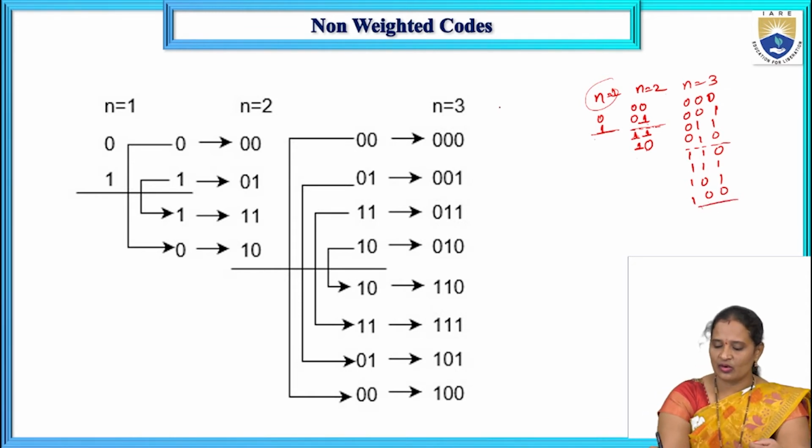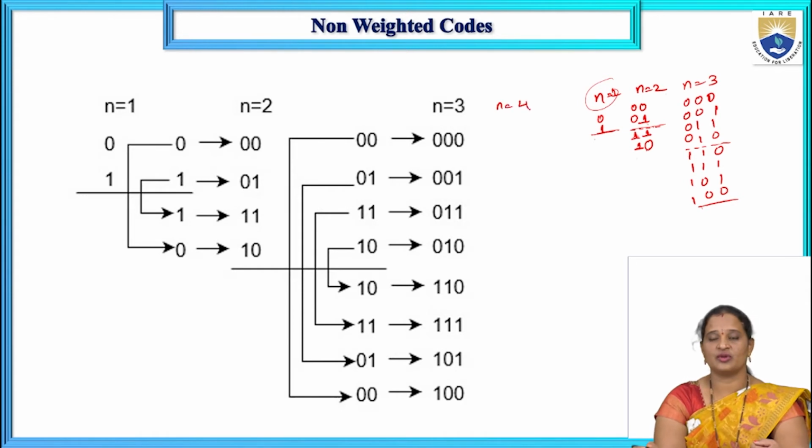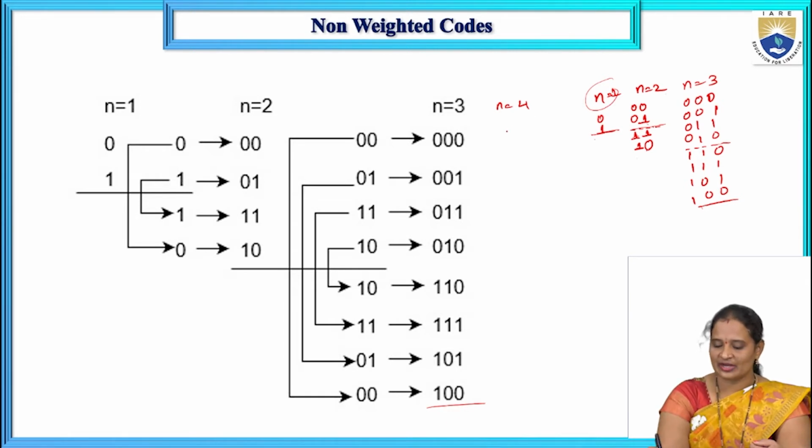So similarly, you can also write for n equal to 4. For n equal to 4, you need to take this, and then take the mirror image. So let us try to write this.